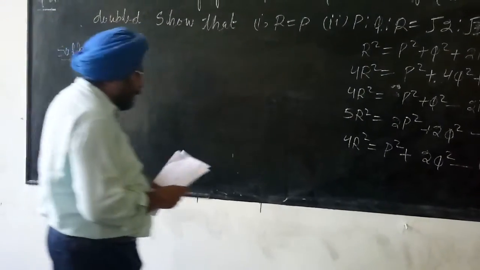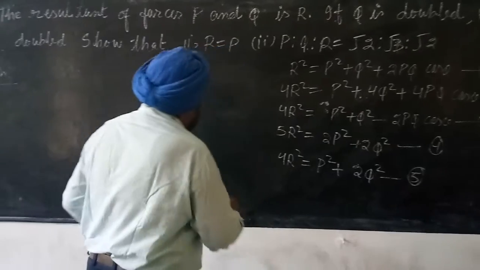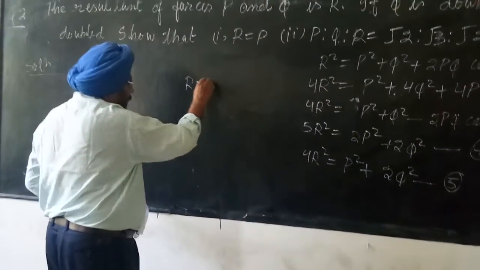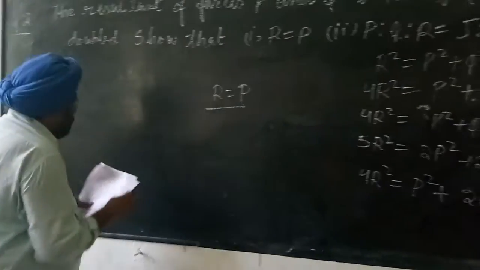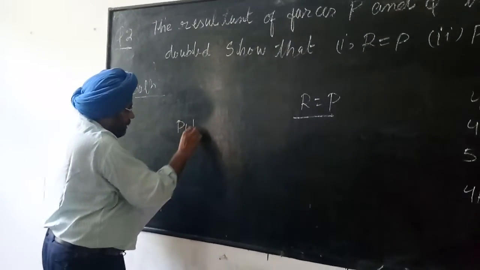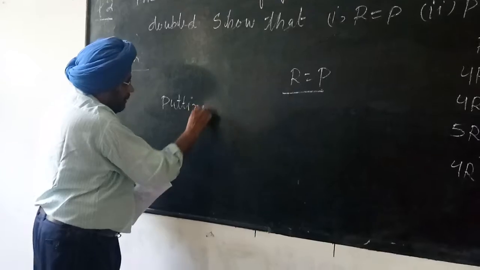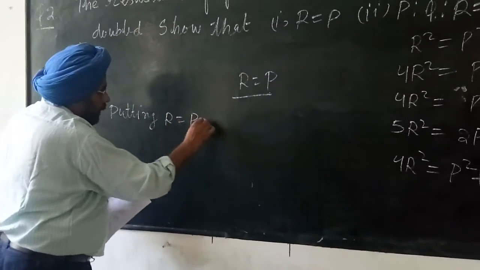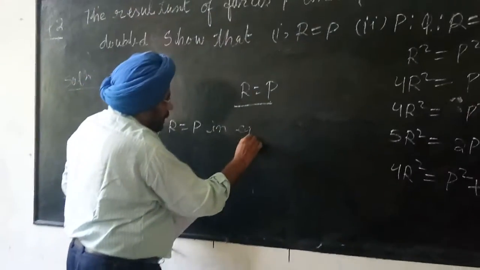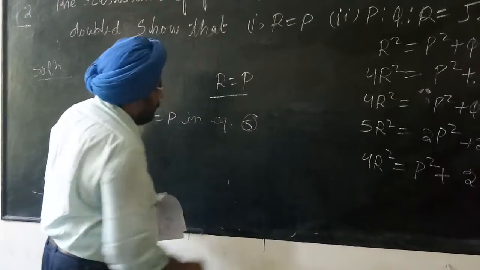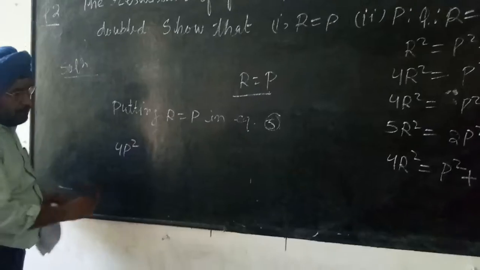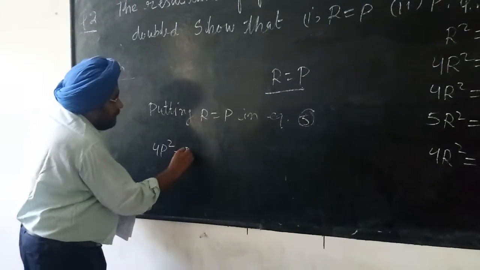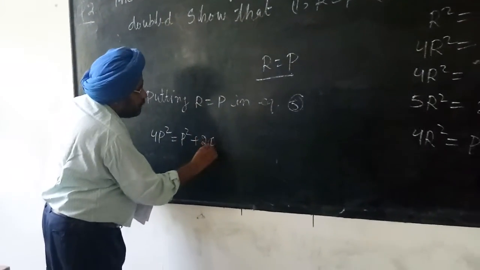For the second part, put R equal to P, which we have proved, in equation number 5. We get 4P square is equal to P square plus 2Q square.